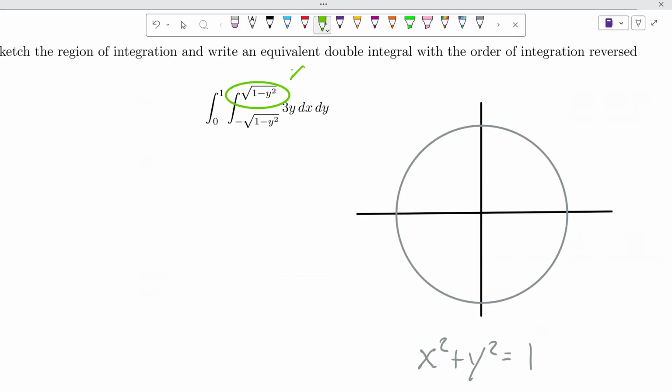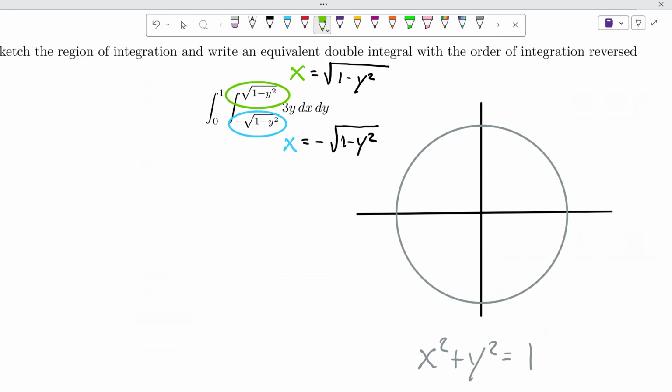I've got this equation, which is going to be x equals the square root of 1 minus y squared. And my lower bound, which is x equals the negative square root of 1 minus y squared. Both of those are equations of half circles, split into a right side and a left side because they're of the form x equals something.